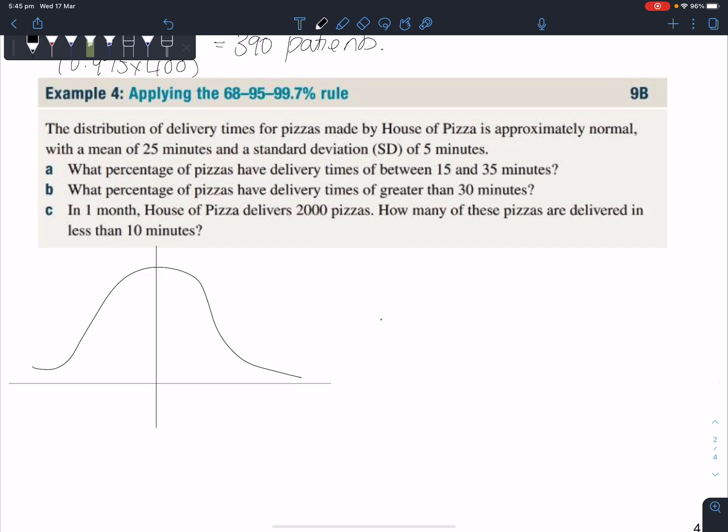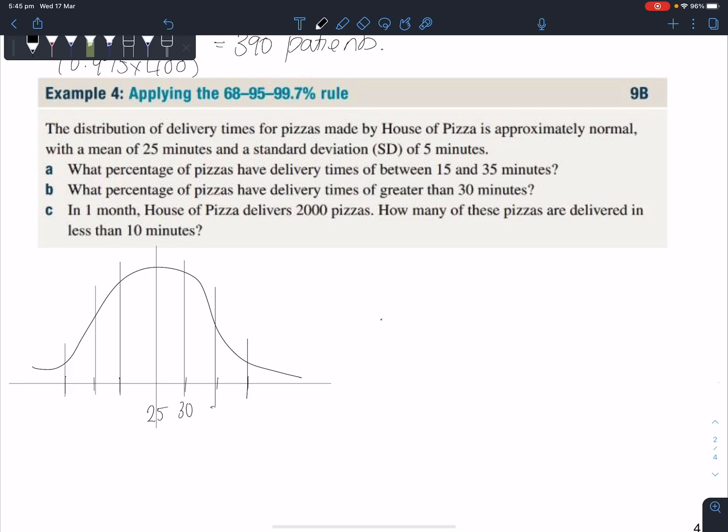There's my mean. My mean is 25 minutes. I've got 1 standard deviation, 2 standard deviations, and 3 standard deviations. Okay, so 1, 2, 3, 1, 2, and 3. Okay, and it's a standard deviation of 5 minutes.